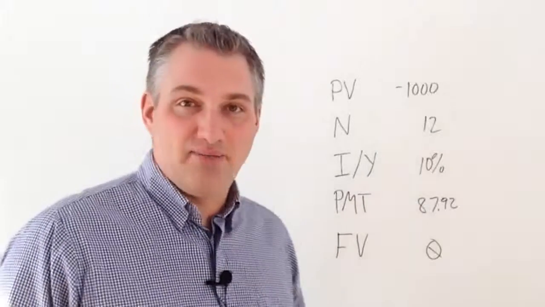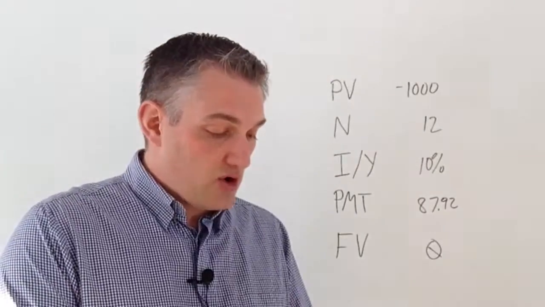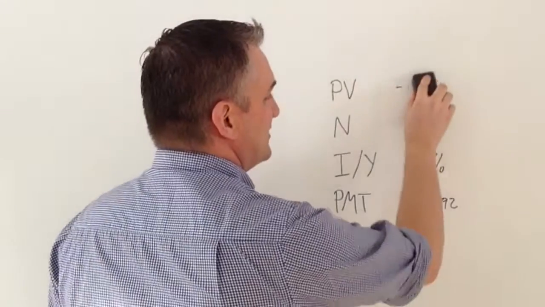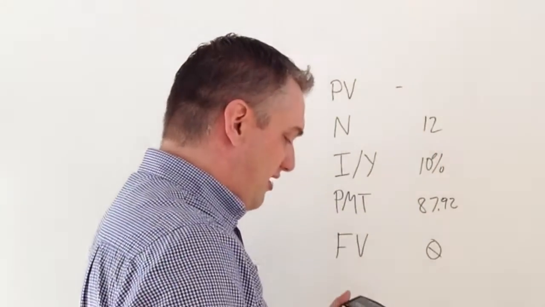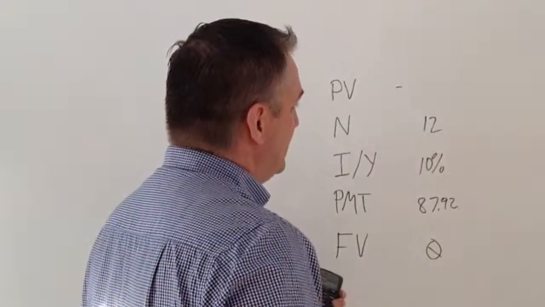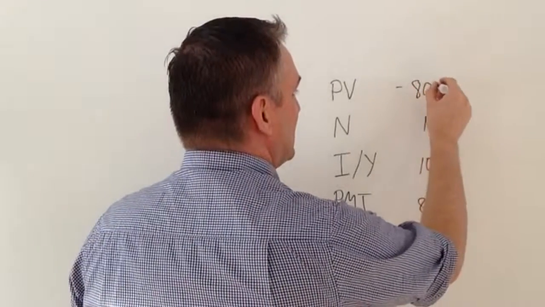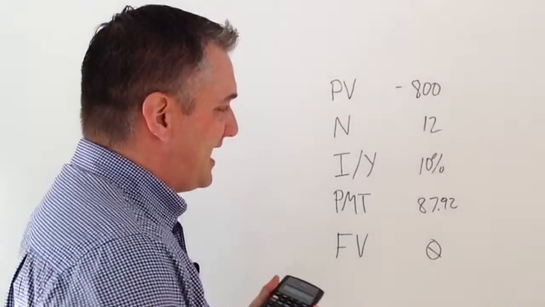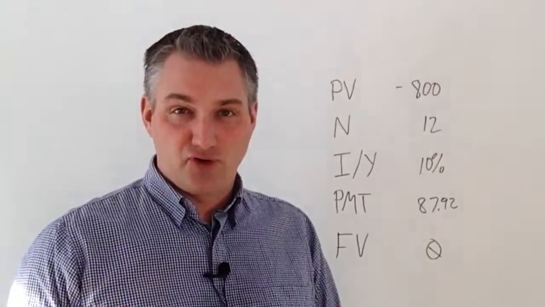So how does that impact our note? In the video, because we're receiving $200 from our borrower up front, we're actually only investing $800 of our own dollars, okay? But we're still collecting that same $87.92 payment for 12 months.